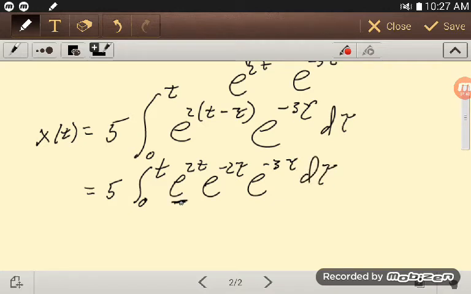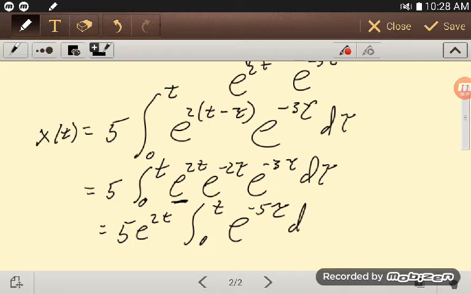Now that e to the 2t, that's just a constant in terms of tau, so I can make this 5 e to the 2t, and then integral 0 to t of e to the minus 5 tau, using my rules of exponents.